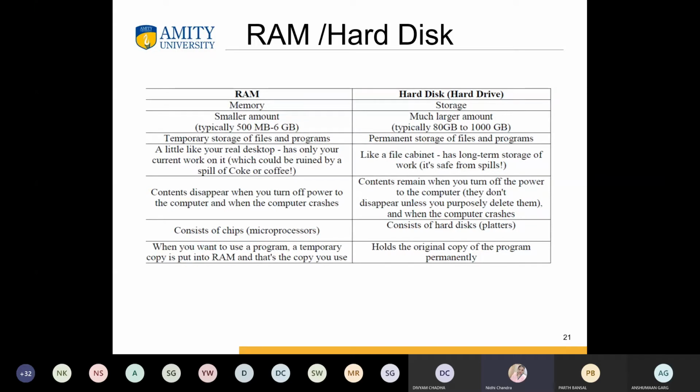Whereas your RAM consists of lots of chips, lots of microprocessors. They can be arranged sequentially or vertically also. So there is a huge combination of this memory area, and basically we go for the hard disk drive to permanently store the data and for reusability.